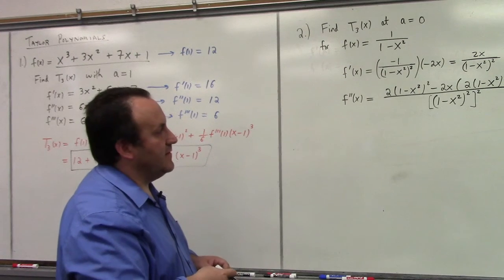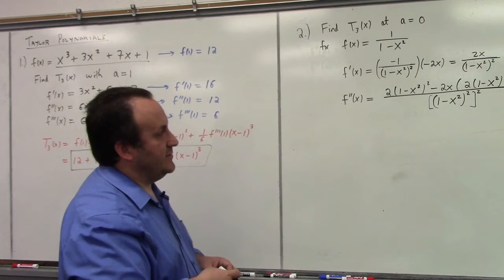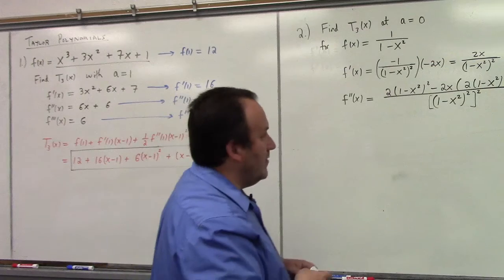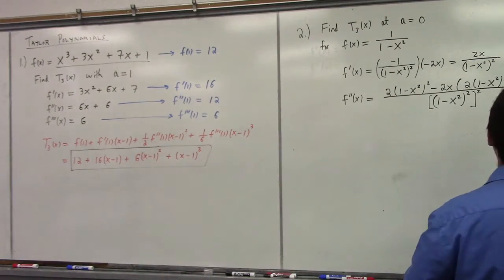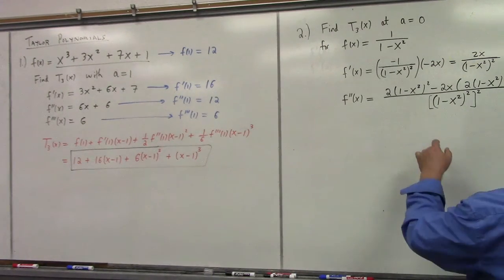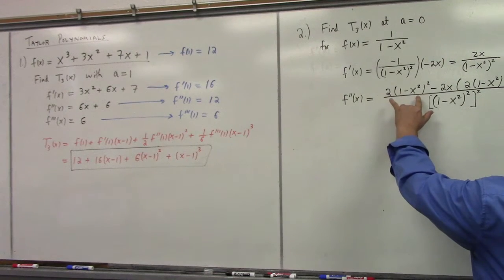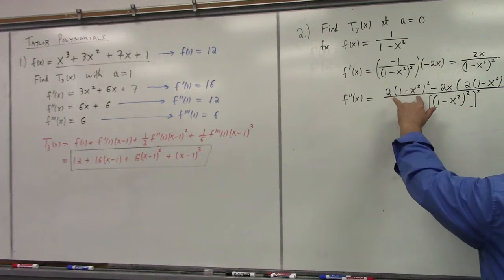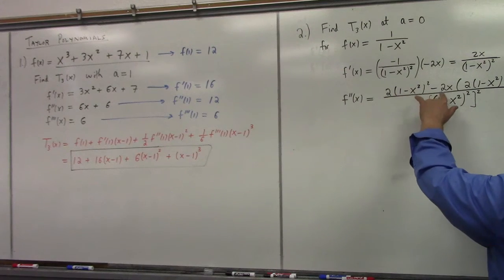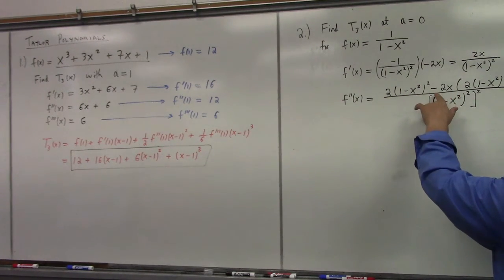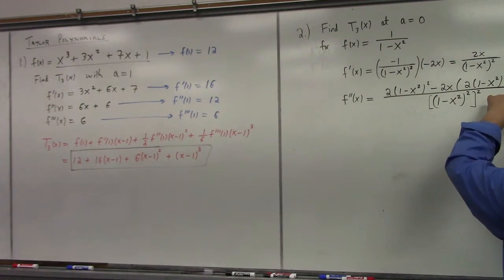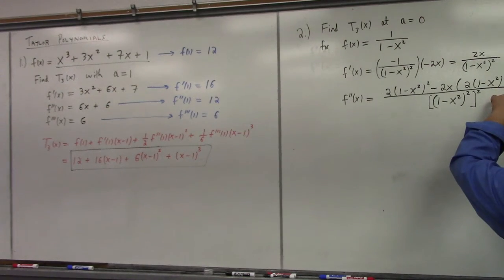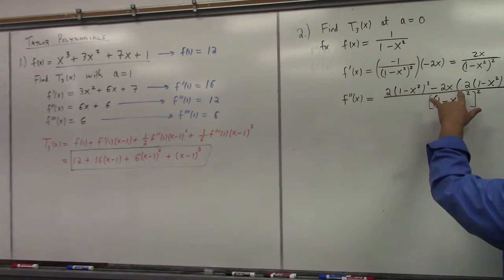Let's see here. Try to clean this up a little bit before I go on. So I have a 1 minus x squared times a 2 times 1 minus x squared minus, let's see here, 2 times 2 times 2 is 8, but I've got a minus and a minus, which is going to be plus 8.